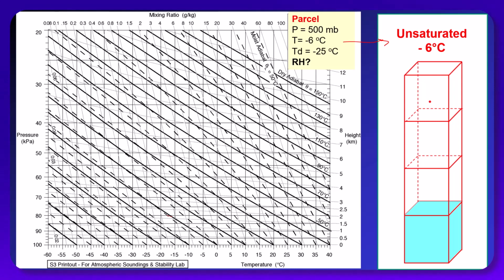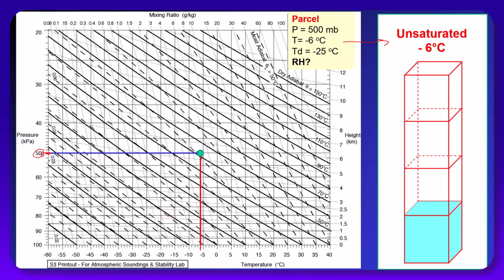So the first thing we're going to do is to plot the air parcel. It has a temperature of -6 degrees, so we're looking at this isotherm here, and it has a pressure of 500 millibars, so we're looking at this isobar here. Okay, so let's plot the parcel.